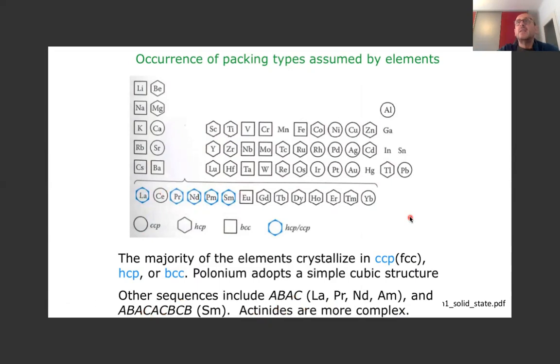So the actual structure, or how the atoms actually pack together to form an extended solid, may differ a bit. The binding principle is the same as we have seen before, meaning covalent bonding, metallic bonding, ionic bonding, essentially for materials, and for molecules van der Waals.